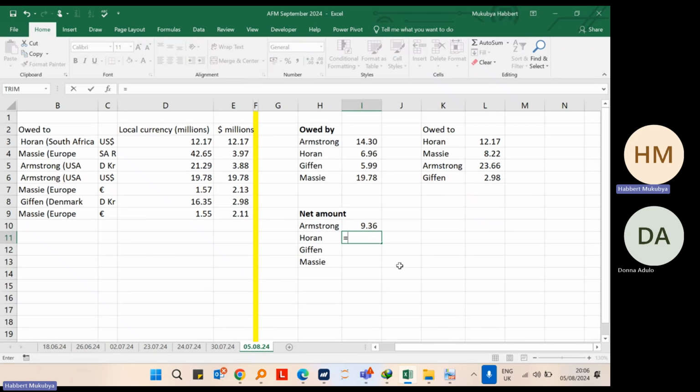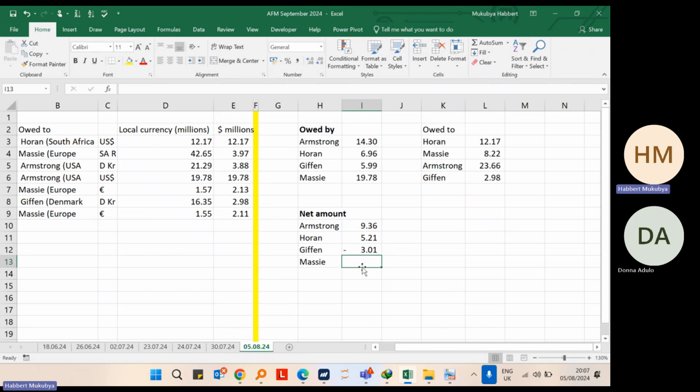Then for Horan, if I say 12.17 and I subtract 6.96, I have 5.21 as the net receivable for Horan. Then for Giffen, 2.98 minus 5.99, so Giffen is in a position of a payable of 3.01.